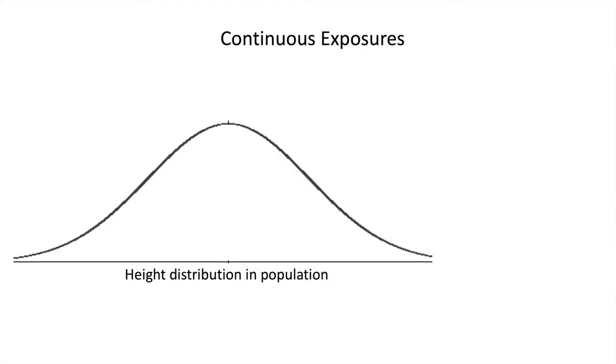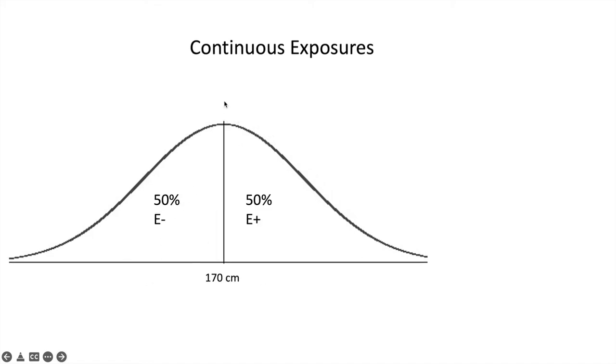Well, this is an example where this is just the height distribution in our population, and let's just consider it normal like this. If we wanted to do sample size calculations with an exposure like height, something we could do is find the distribution for the population and cut it in half, and say everyone above this median or mean value is exposure positive, and everyone below it is exposure negative.